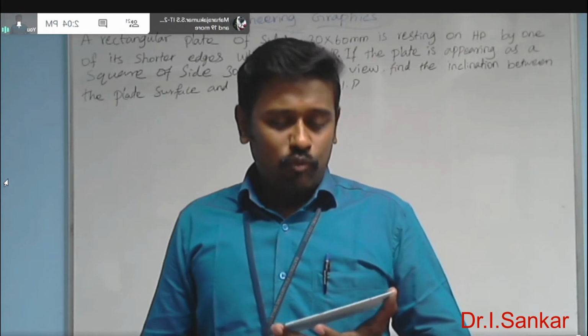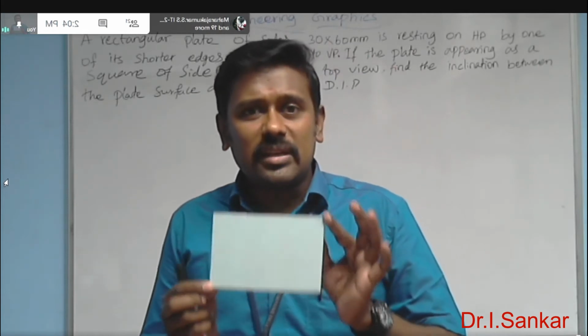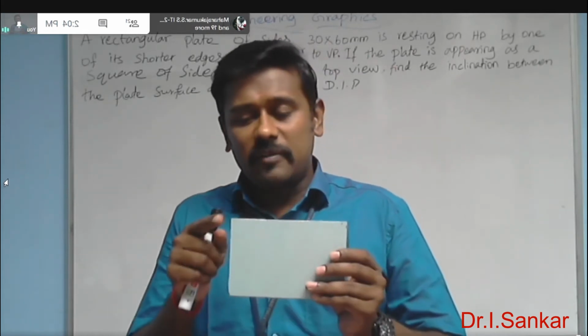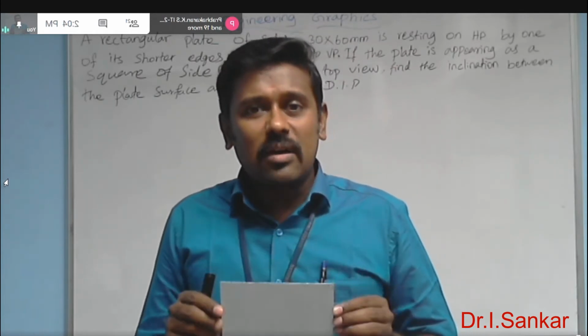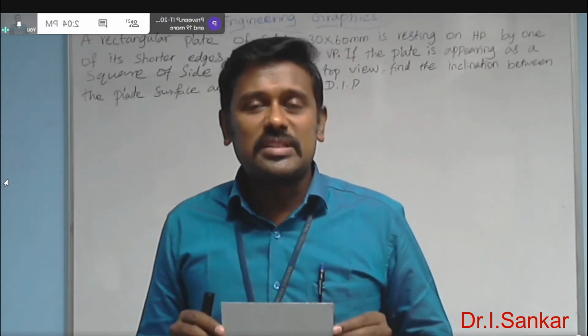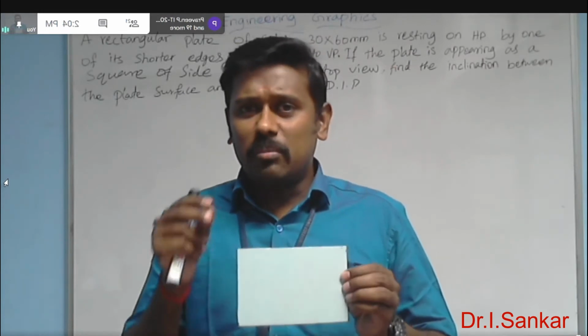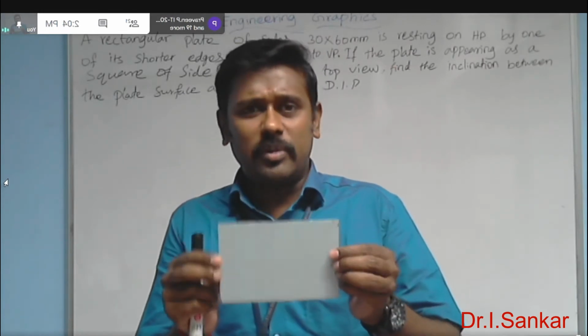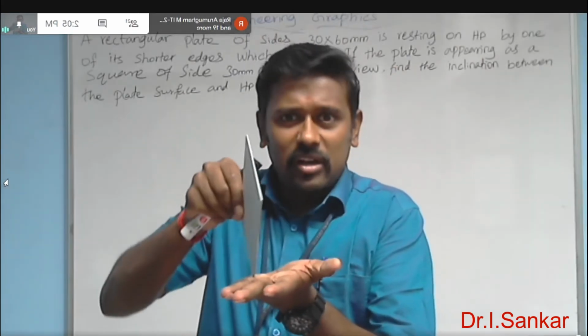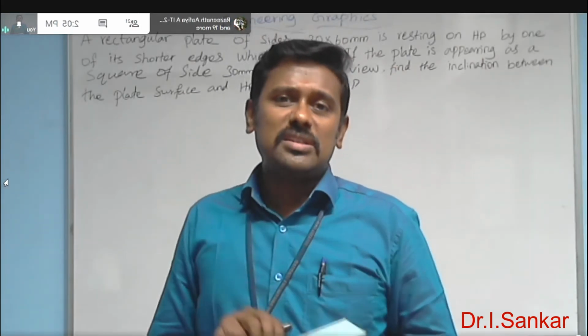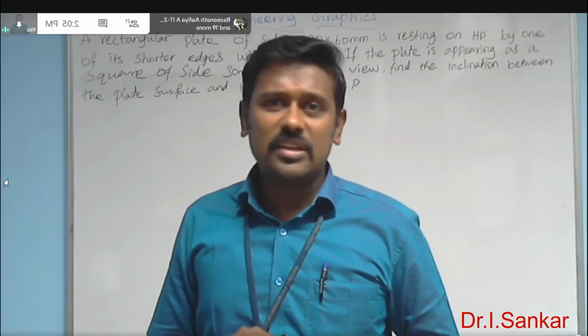Actually, this object here is a rectangular plate of dimension 30 mm and 60 mm. It is going to rest on HP with its surface or edge or corner. These three possible resting conditions are there in the case of a plane.